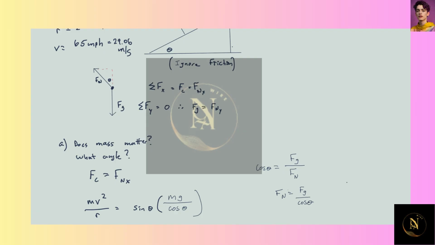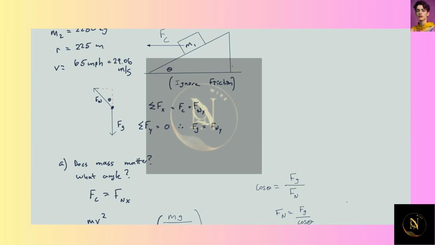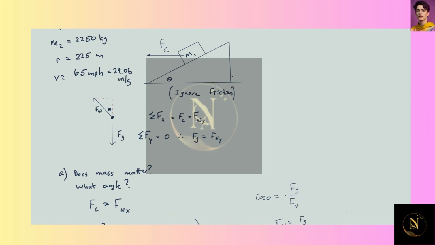The other thing that I need to keep note of is the relationship of the weight and the normal force in this scenario. So if we look at this, the weight versus the normal force is the relationship of this Y component here, right?